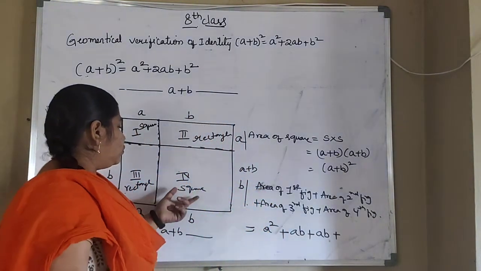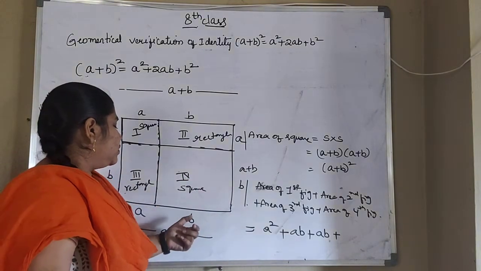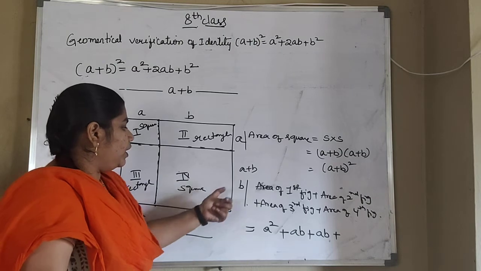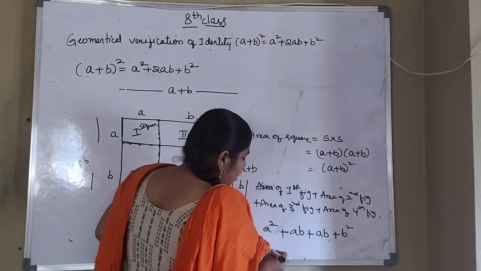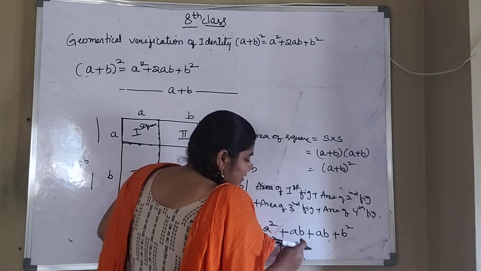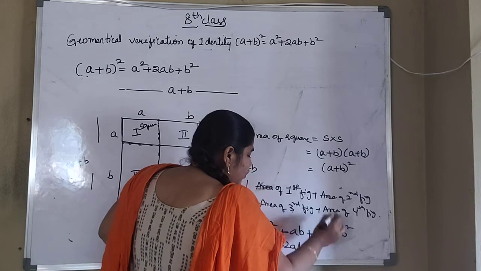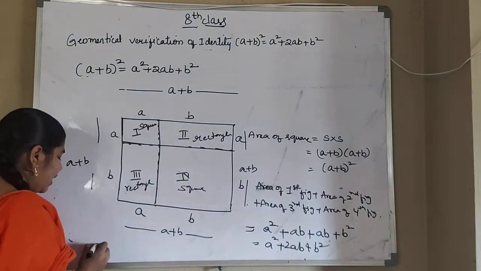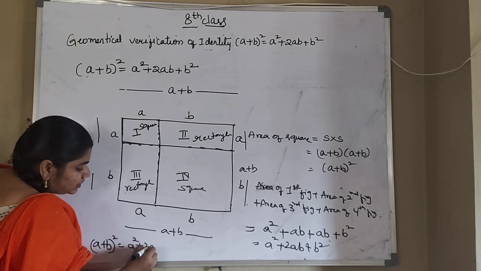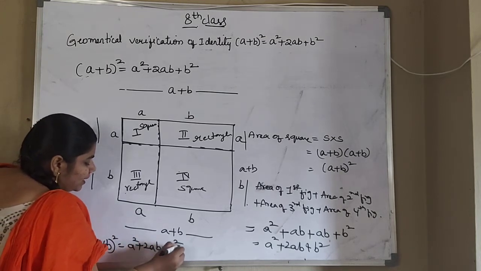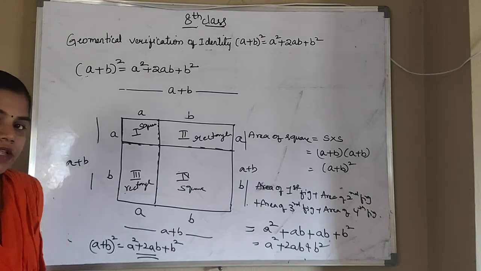For the fourth figure, the sides are b and b, so the area is b into b, which is b square. Now a square plus ab plus ab is 2ab plus b square. So we have proved that (a plus b) whole square is equal to a square plus 2ab plus b square. This is our geometrical verification of the first identity.